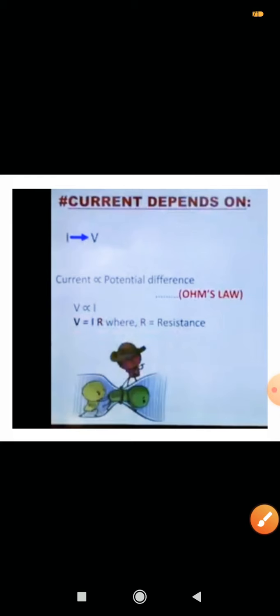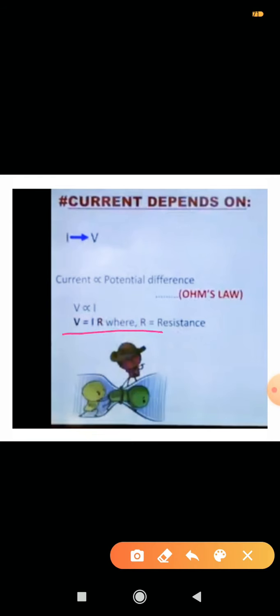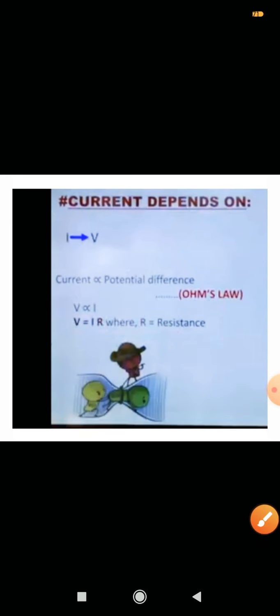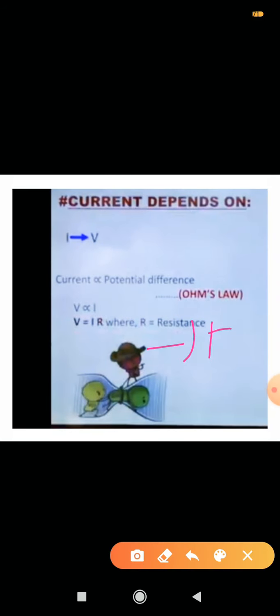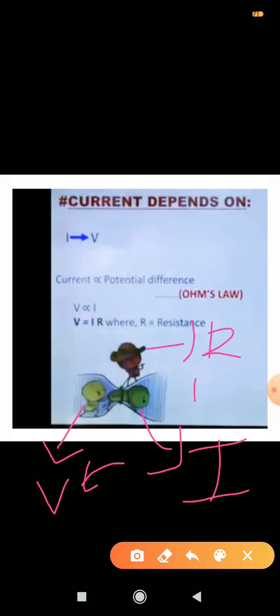So let's move ahead. Current depends on resistance and potential difference. This is my favorite diagram. The red ant stands for R, this stands for I, and this light green stands for V. Current depends on resistance and also on potential difference.